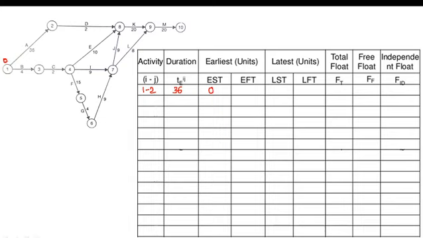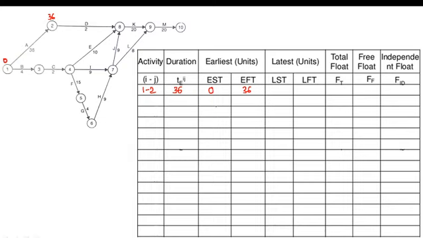Now add 0 plus 36, and we get the EFT of activity 1 to 2, which is 36. Here we will write 36.